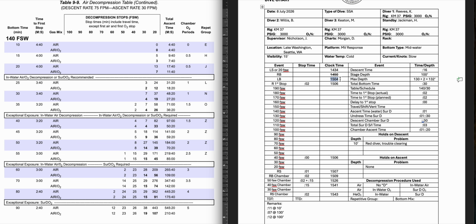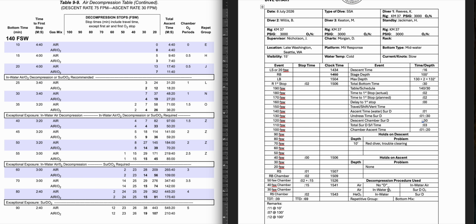So the time from 15:04 to 15:43 is 39 minutes. I'm going to put 39 minutes here. We add our total decompression time to our total bottom time, and that will give us our total time of dive. 30 plus 39 equals 69 minutes.